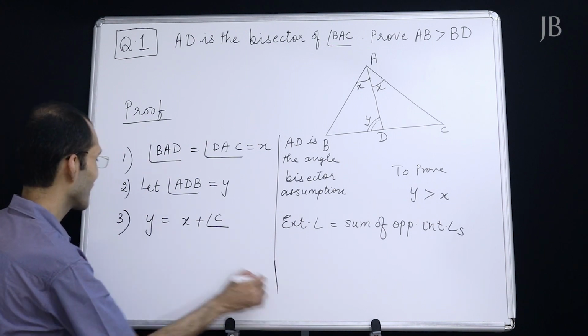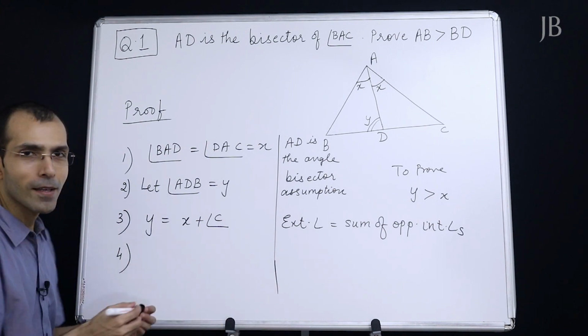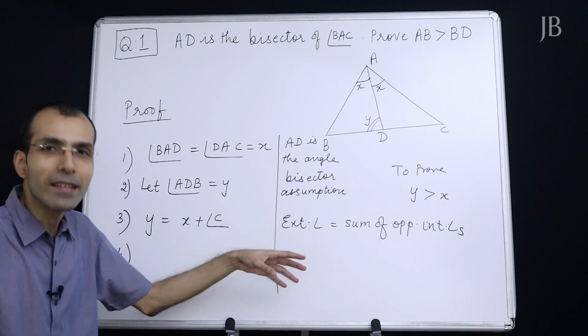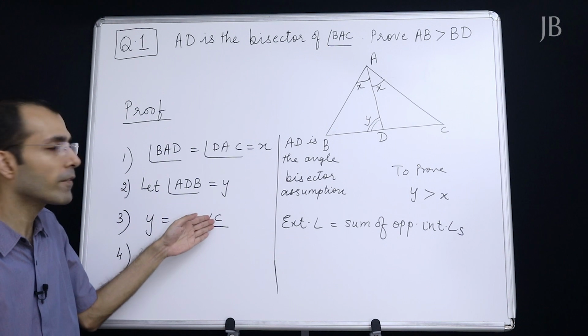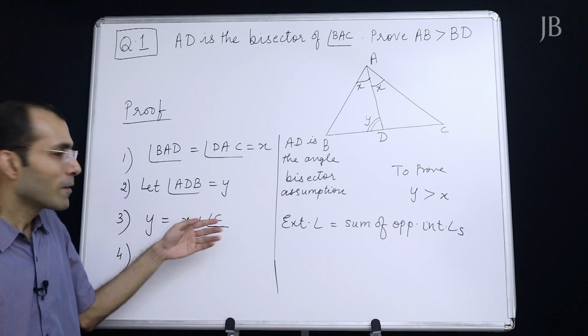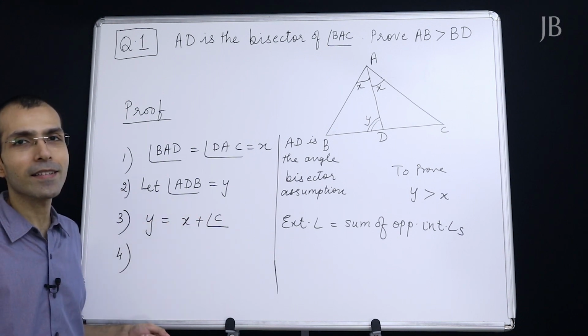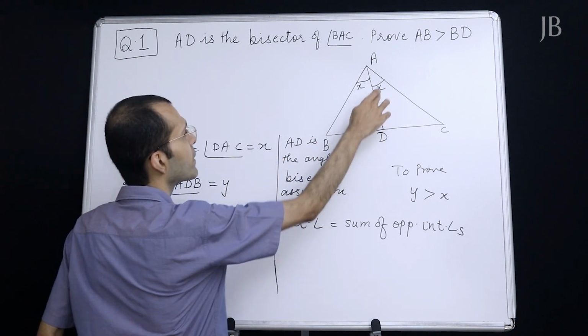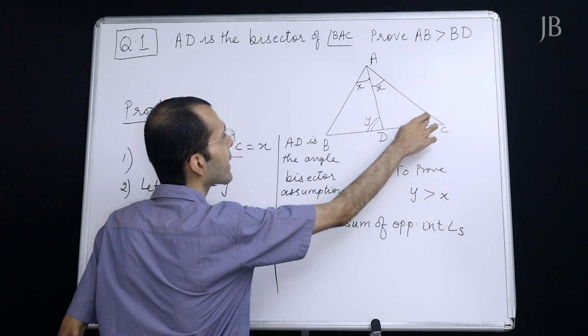Have you realized? The sum has come to an end. Y is equaling X plus angle C. Whatever be the value of angle C, Y will always be greater than X now, because Y, exterior angle, is equaling X plus angle C.